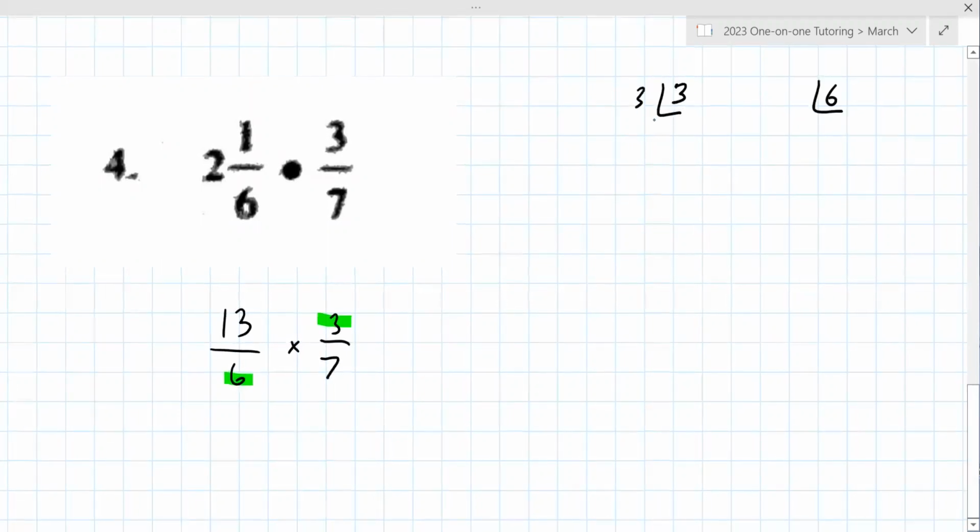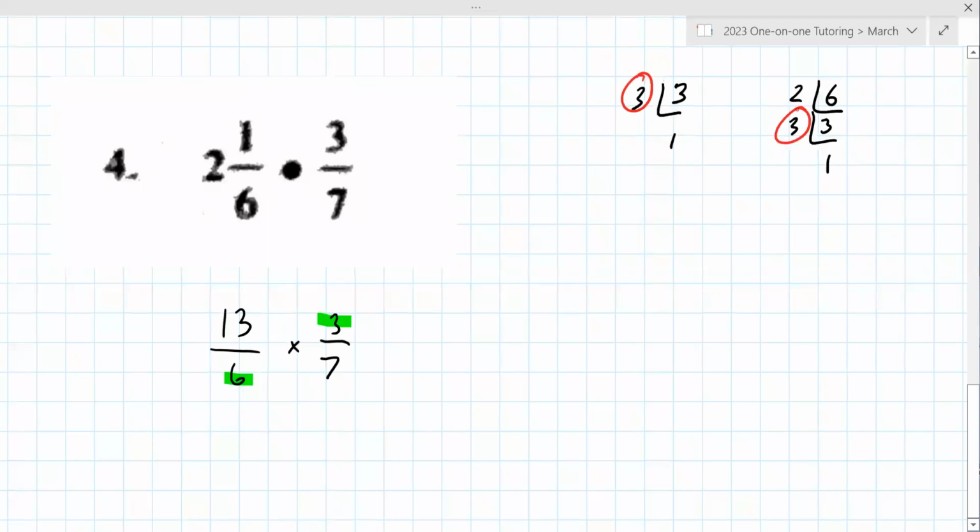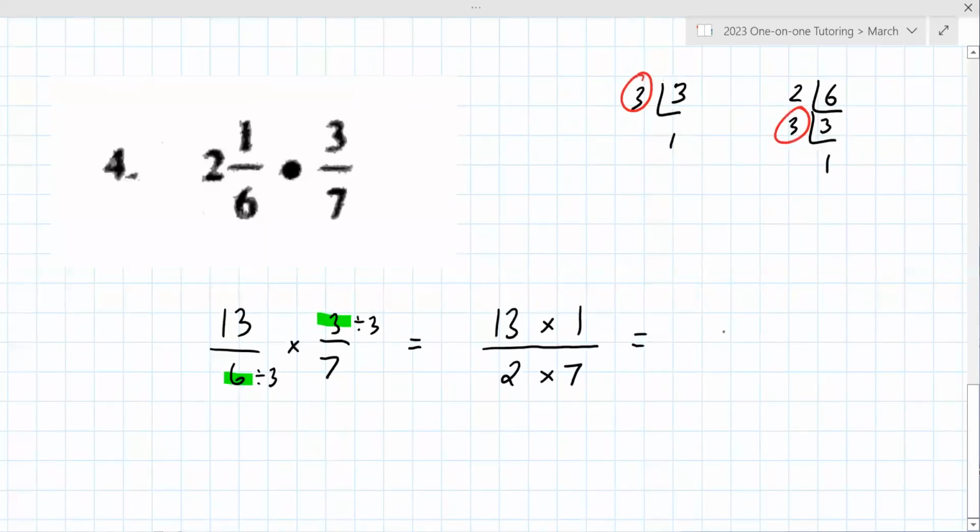So what is the LCM of 3? 3. So you can divide each of those by 3. So this becomes 13 times 1, and then 2 times 7.